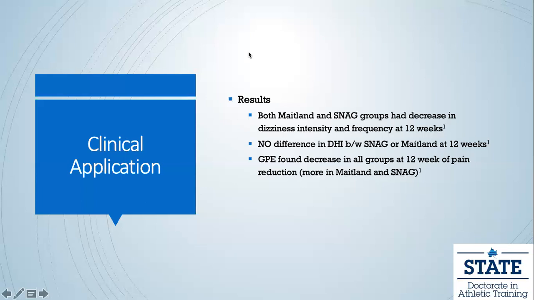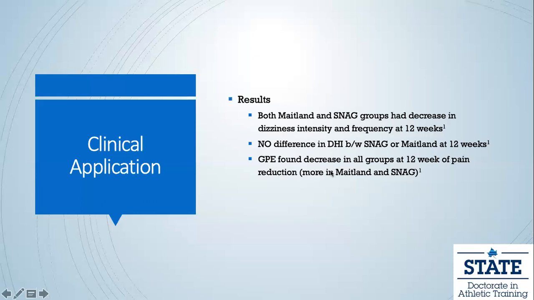With the results, both Maitland and SNAG groups had a decrease in dizziness intensity and frequency at 12 weeks. There was no difference in the Dizziness Handicap Index between SNAGs or Maitland mobilizations at 12 weeks.